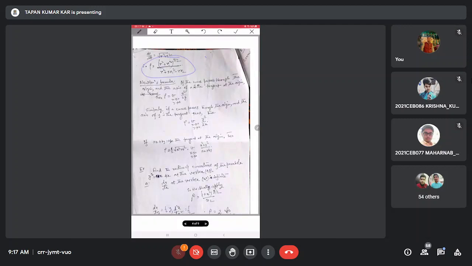And sometimes when someone forgets the formula for the polar equation, they convert it to the Cartesian equation, then use the formula. But it is not always convenient. It may be difficult to convert the polar equation to the Cartesian equation in some special cases, and also it will take time.